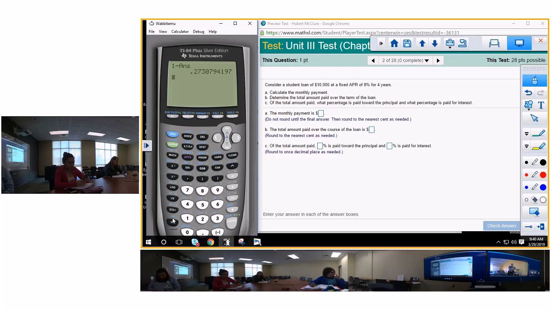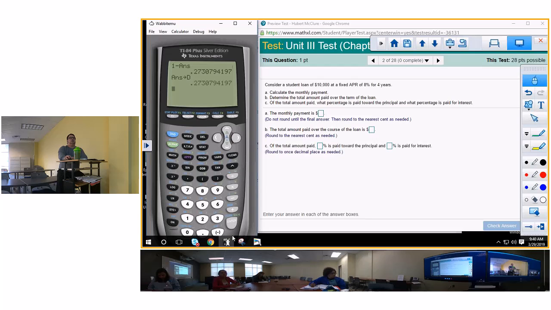Okay, stow, alpha, denominator. So, alpha, clear, alpha, numerator, divided by alpha, denominator. Our monthly payment on this student loan is $244.13.